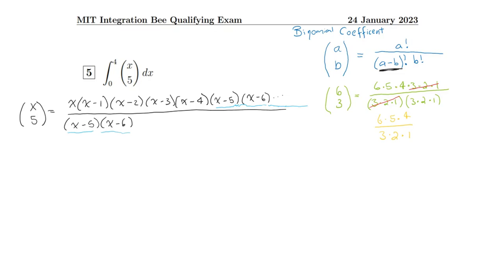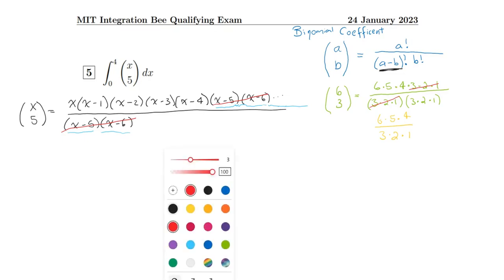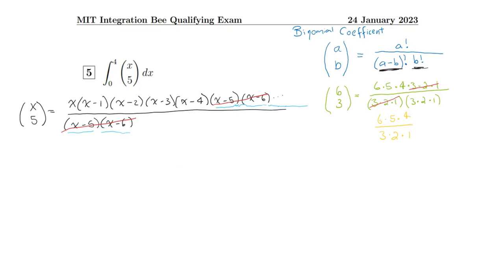So really what happens is the factorial on top eventually catches up to the factorial on the bottom. Once they catch each other, we can just cancel all of those terms out. The factorial in the denominator basically serves to terminate at some point the factorial in the numerator. So we'll cancel out these terms. It will terminate at x minus 4 in the numerator. Now we have to finish our denominator with our b factorial.